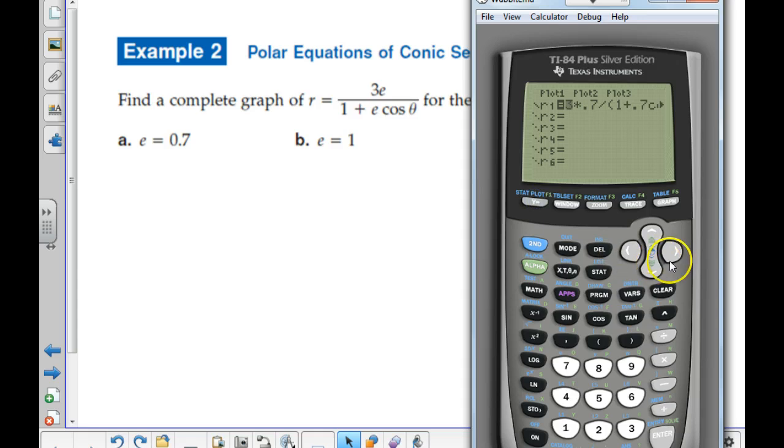All right, what are we supposed to change the 0.7 to, guys? For part B, I want you to change the 0.7 to a 1. And I'm not actually going to delete it. I'm going to leave it in there because I'm going to change it to a 2 or something in a minute. Now when I graph, I get what?